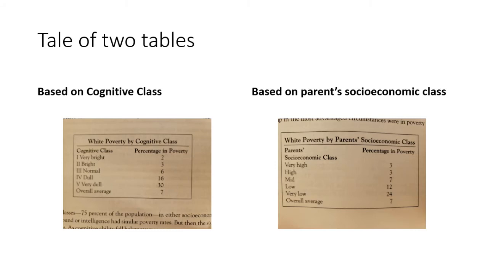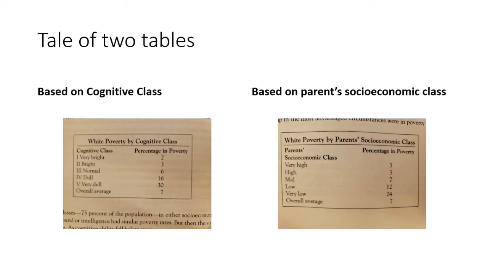So on the left, you have cognitive class. On the right, you have parent socioeconomic status and socioeconomic class. And what you're trying to measure is white poverty, the percentage of people in poverty. And again, this is just white people.